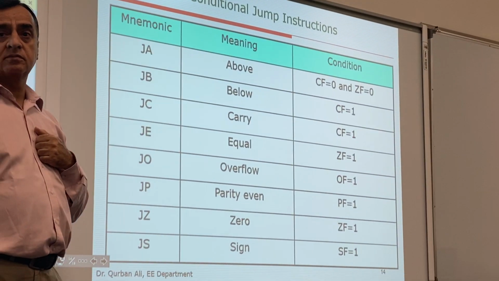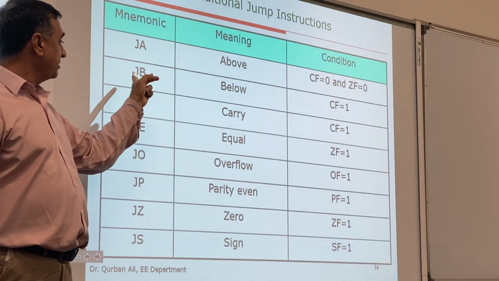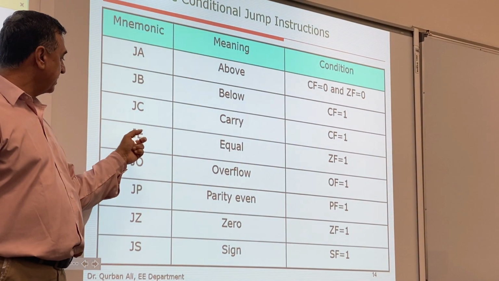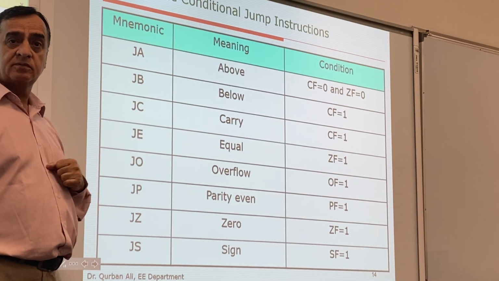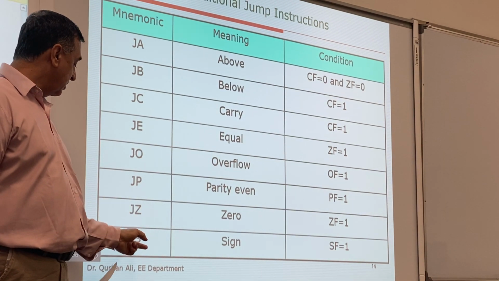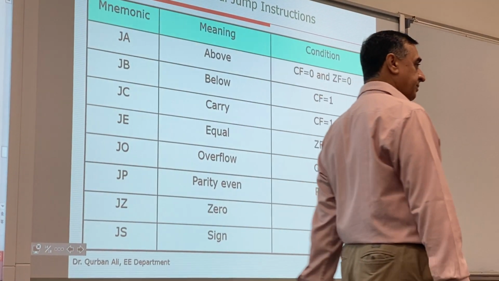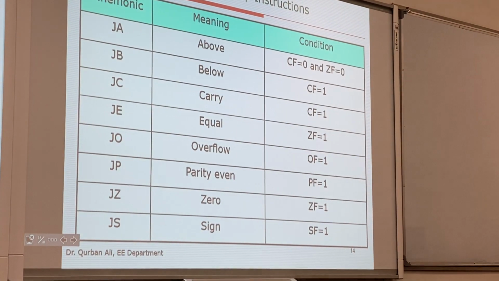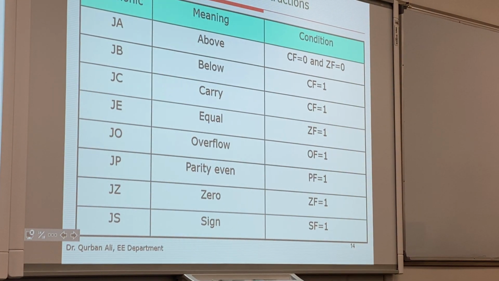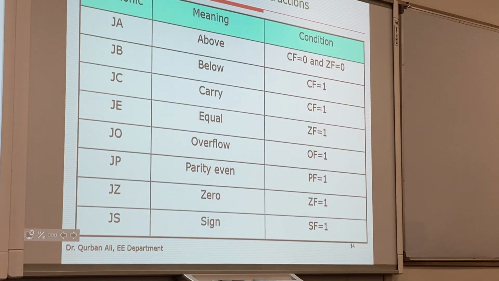JA, if it is above, like greater, right? Jump below, less than. Jump on carry, equal. Jump on overflow, jump on parity, jump on zero, jump on sign. So there are a lot of jump instructions to be learned, but depending on which jump you want to make, what you are going to check, which condition.